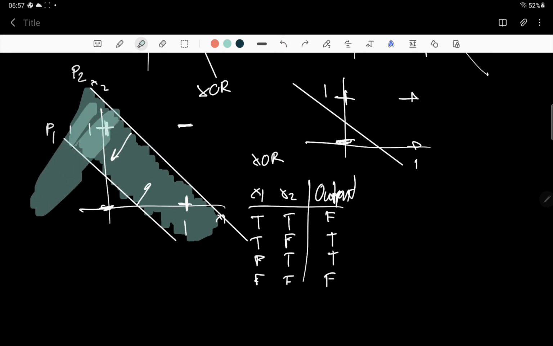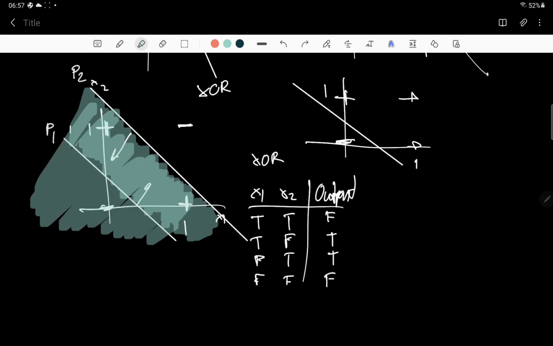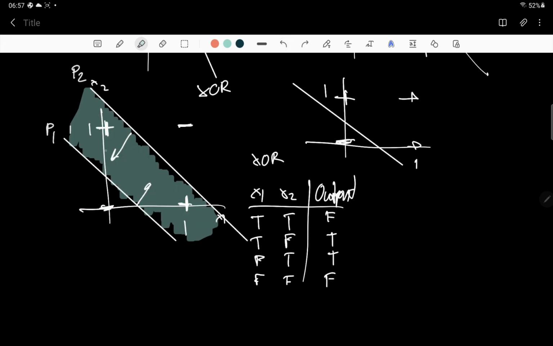And this side of P2 will be classified as the positive. You plan it, and I use the arrow to represent the direction of the positive decision.